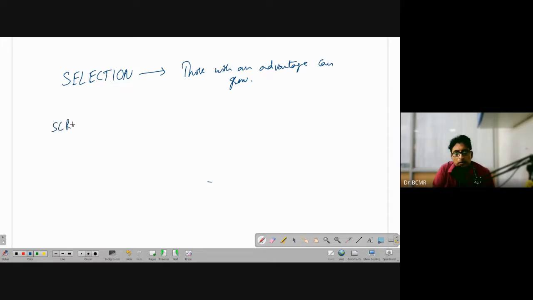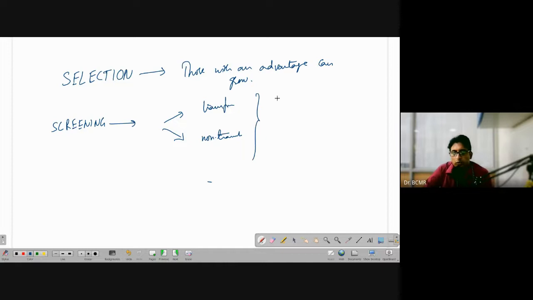Screening is something like both. I'm just giving an example here. Assume that both transformants and non-transformants will grow.